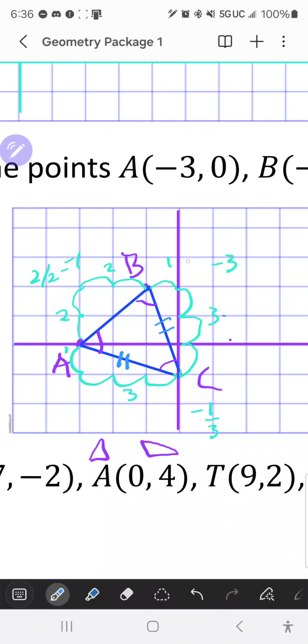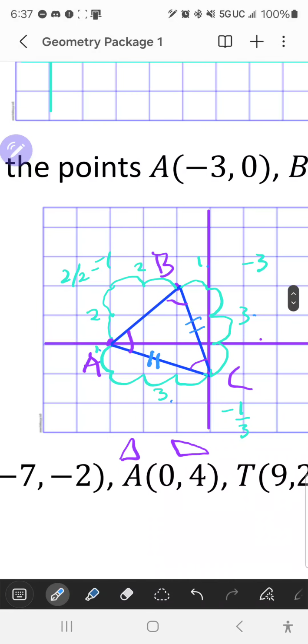So I know that BC is equal to AC. So this is an isosceles triangle since it has two equal sides, while an equilateral has three equal sides and the scalene has no equal sides. So this is an isosceles acute triangle.